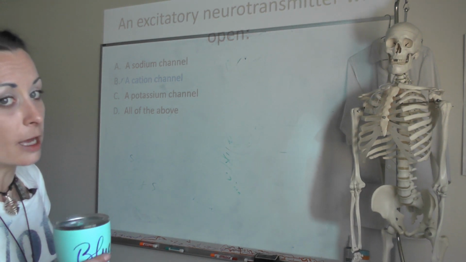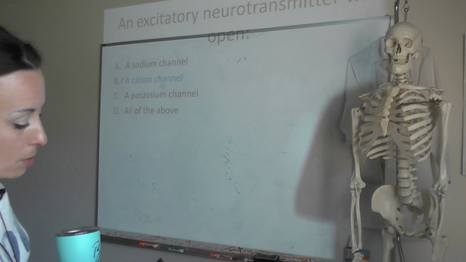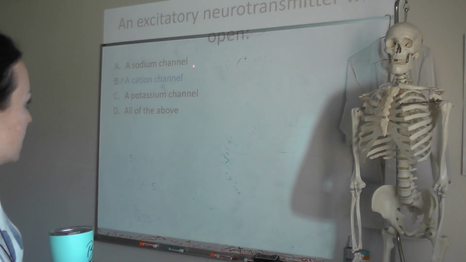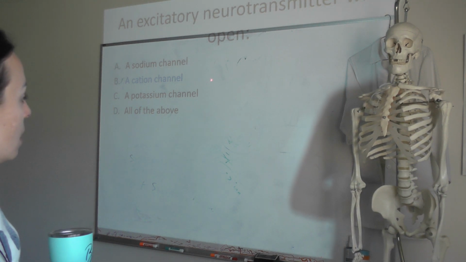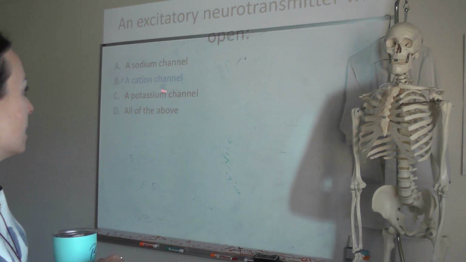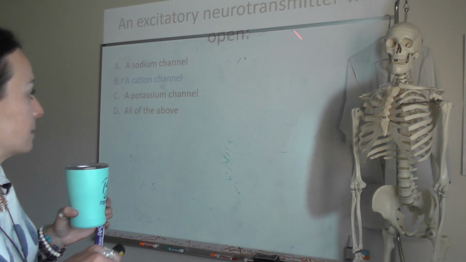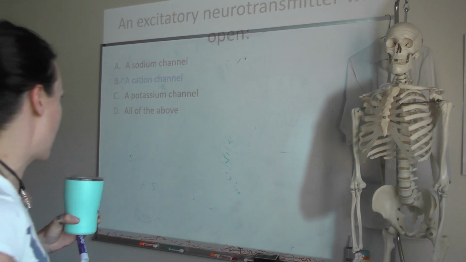It's a net influx of sodium into the cell, true, but it's a cation channel that opens. Potassium goes out of that channel and sodium comes into that channel, and it's the net influx of sodium that causes an excitatory postsynaptic potential.